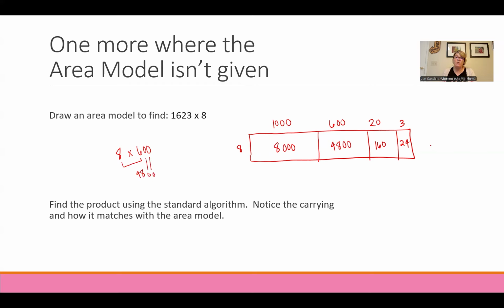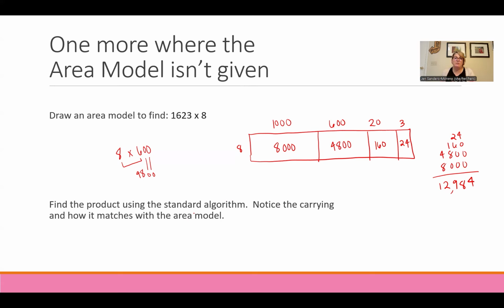We're not done though. We need to stack and add. So I'm going to stack. So we've got 4, 8, 9, and then 12. So it looks like it's 12,984 is our answer.